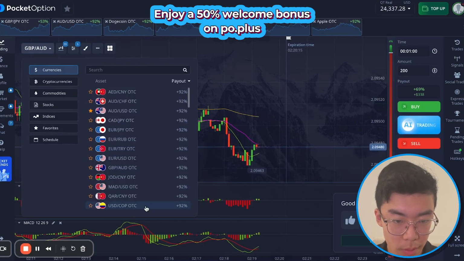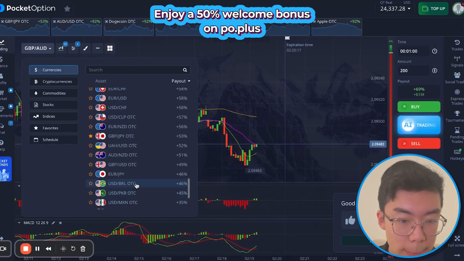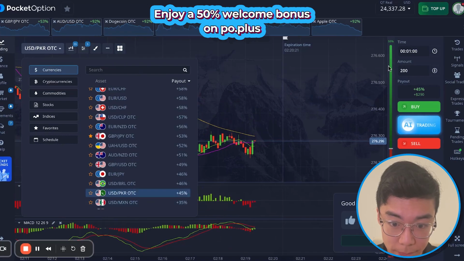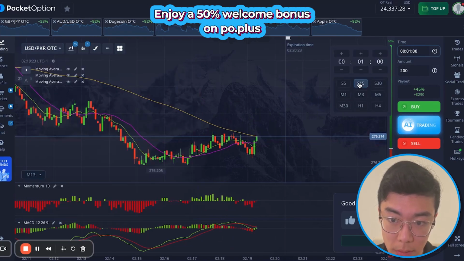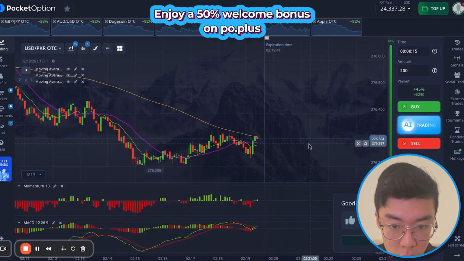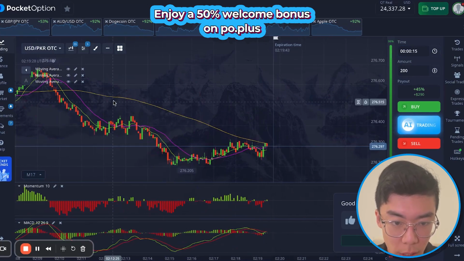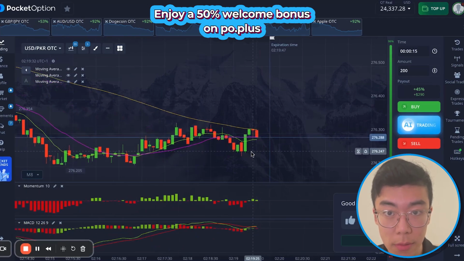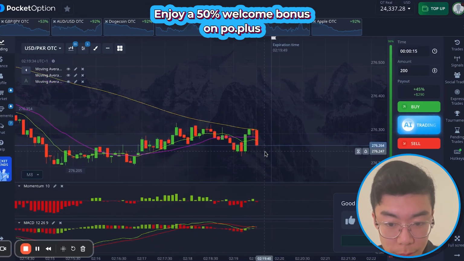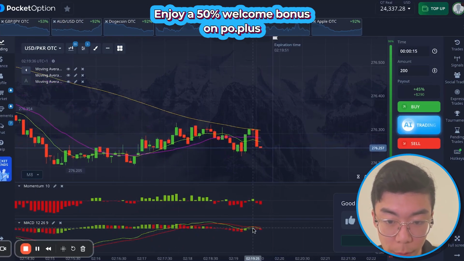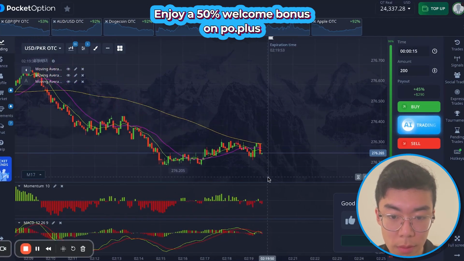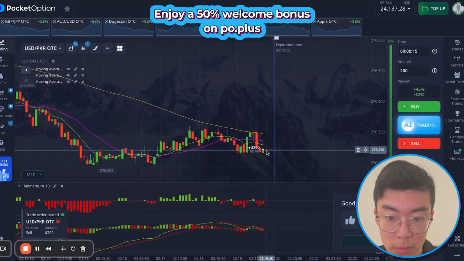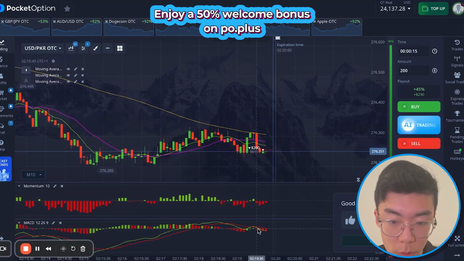So here, potentially, it's doing a cross upwards, but the moving average is very against the upwards movements. As you can see right here, it did a crossover upwards very briefly, and then it went back down. You can actually try to sell here. This is a downwards crossover.